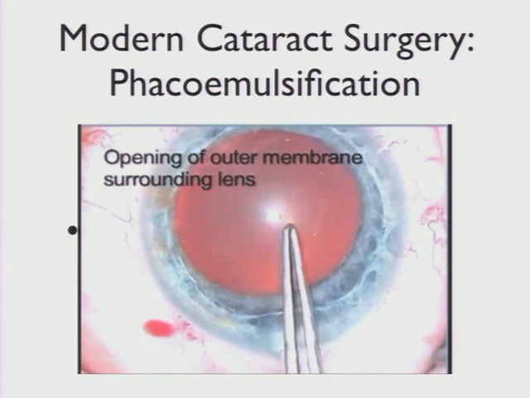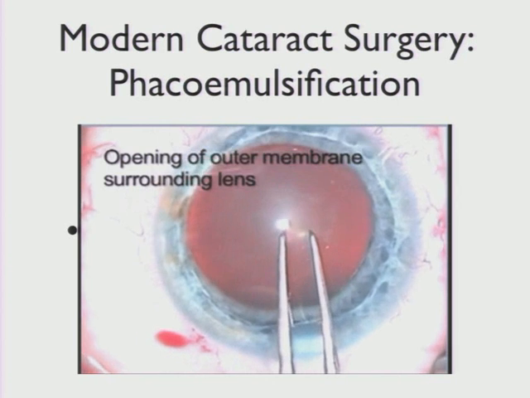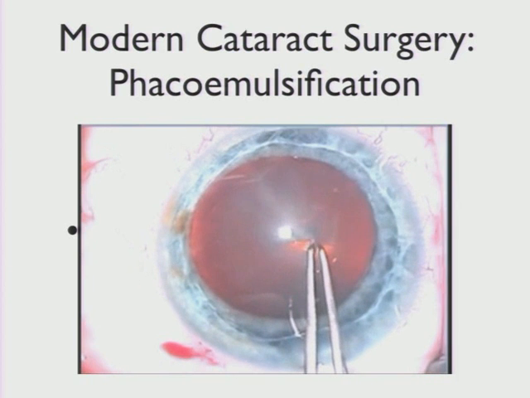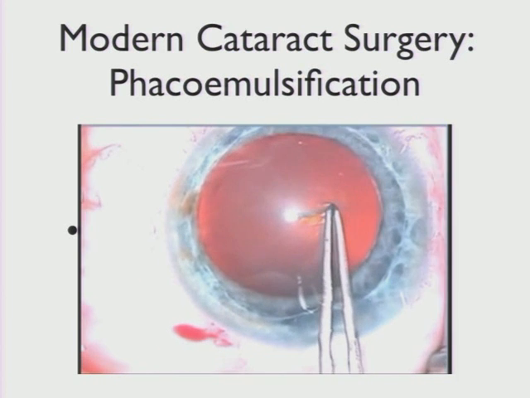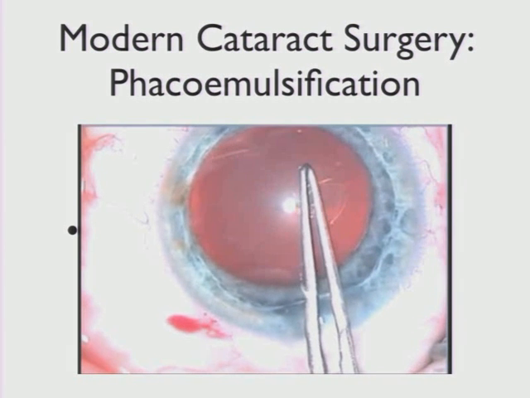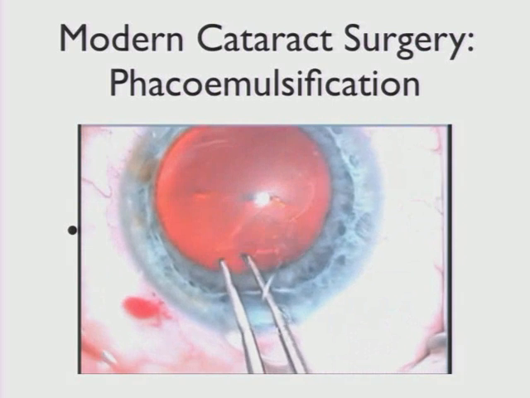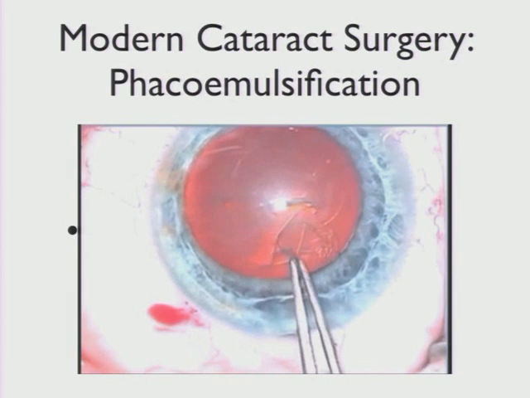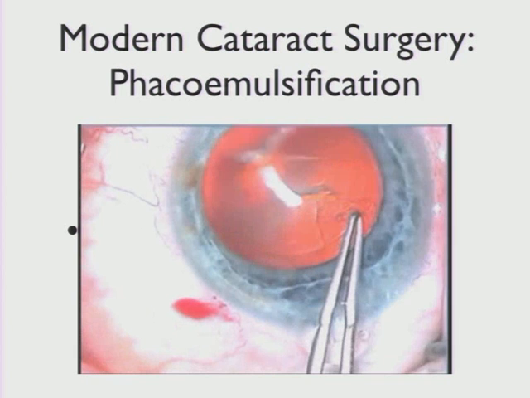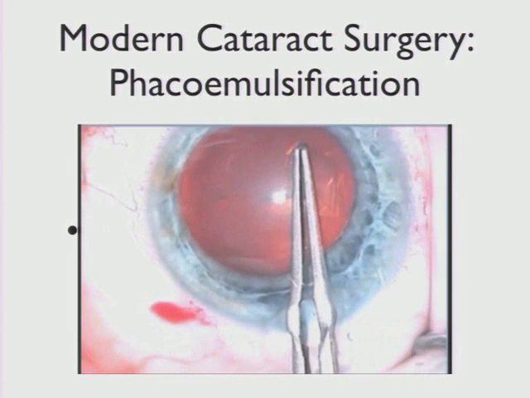The opening of the cataract, this is called the lens capsule. An opening is made in this lens capsule so that the cataract can be accessed and then later removed. Now this step is important because the capsule is actually left in place. The artificial lens will actually go into this capsule in the end.